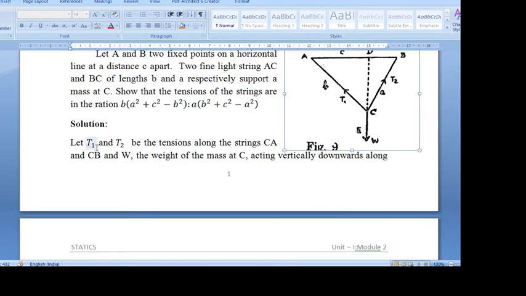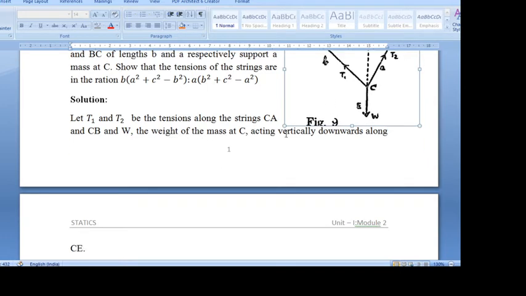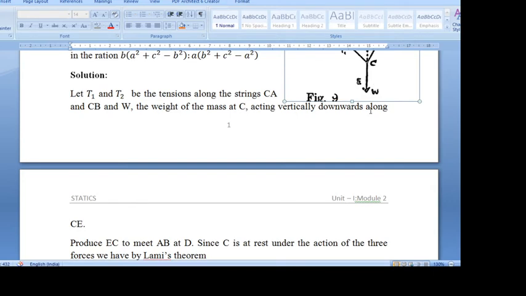Let T1 and T2 be the tensions along the strings CA and CB, and W the weight at C acting vertically downwards along CE.